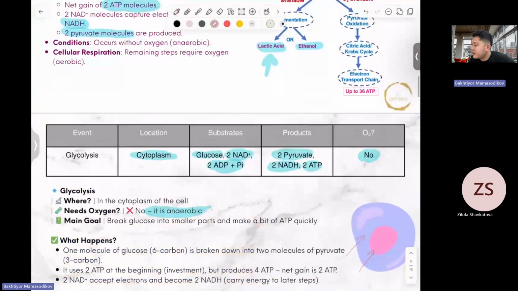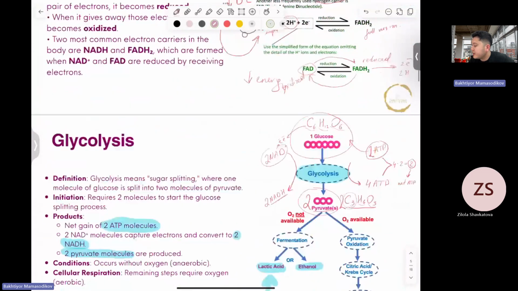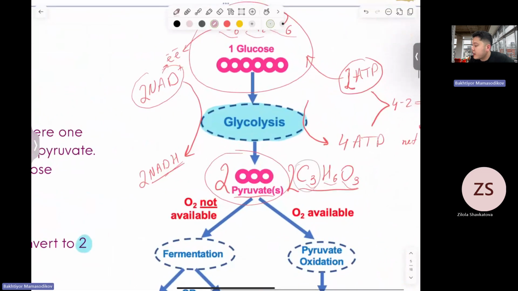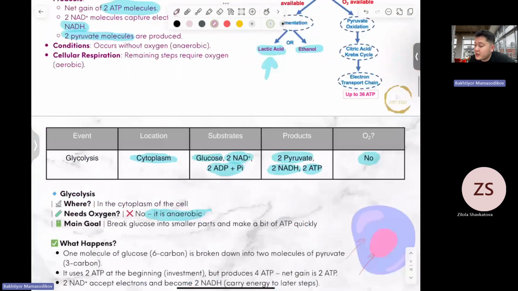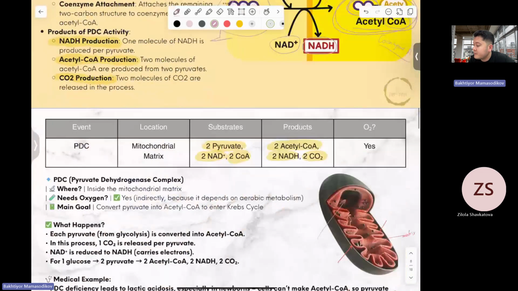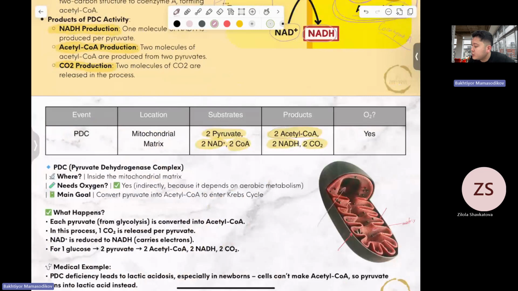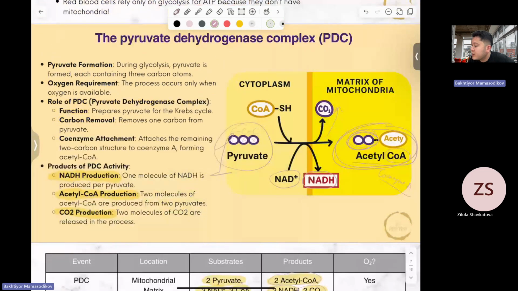But how many pyruvate do I have from 1 glucose? I have 2 pyruvates, and both of them will go from the cytoplasm to the matrix of the mitochondria, okay? That's why all the products will be 2, 2, 2. Here I just illustrated 1.